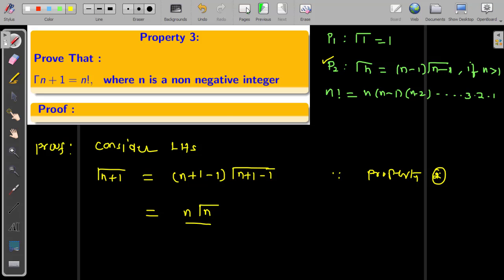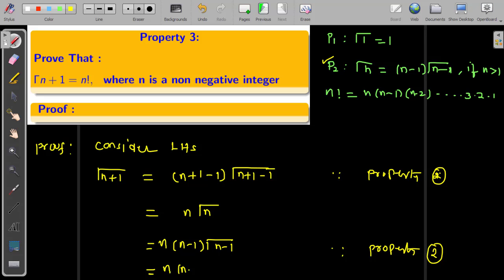Now we need to apply this property 2 successively two to three times, which means n minus 1 times again gamma of n minus 1. I will mention here that I applied property 2 again. This n is also multiplied with n minus 1 times gamma of n minus 1. Again apply the same rule, property 2.